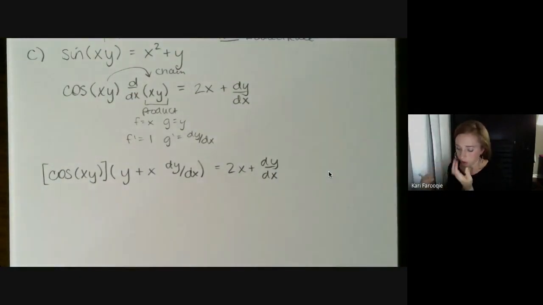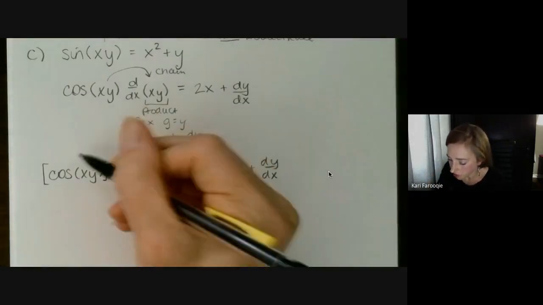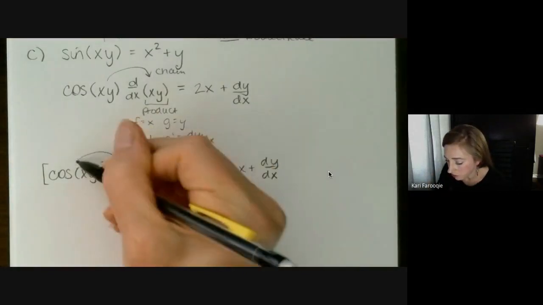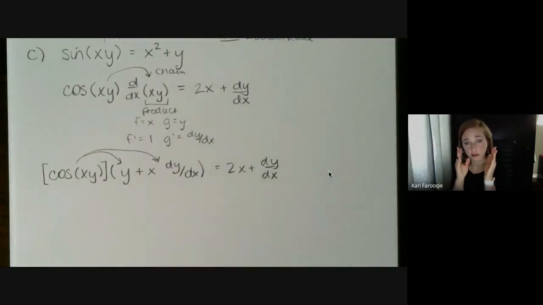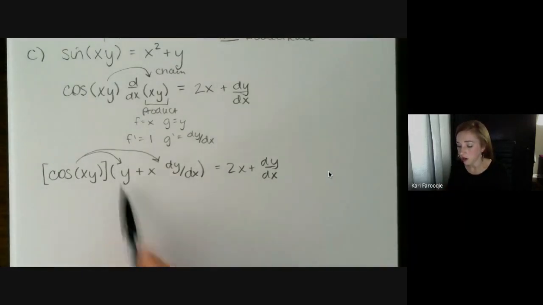But what we're going to do here is distribute the cosine xy into the parentheses. And again, we have to do this because if we're going to solve for dy/dx, we need for it to be in its own separate terms. And right now, it's getting multiplied by a non-dy/dx and the cosine xy all together. I need for it to just be a dy/dx or a non-dy/dx.